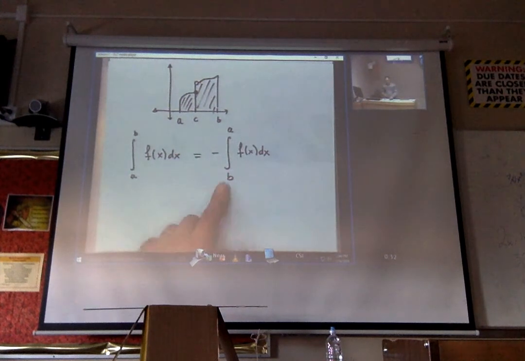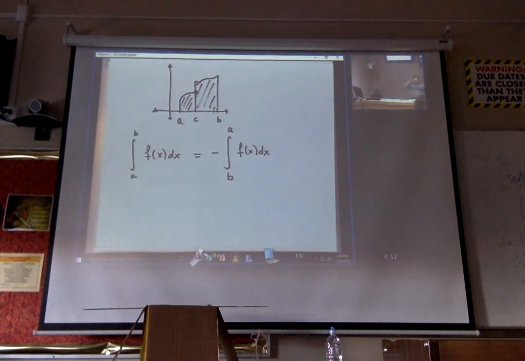And the reason it's negative is because of delta x. Remember the formula for delta x? What was the formula for delta x? B minus a over n, right? And we always assume that b is larger, right?